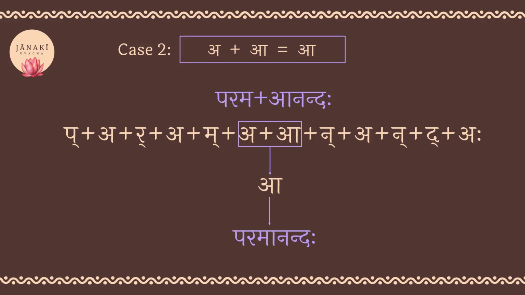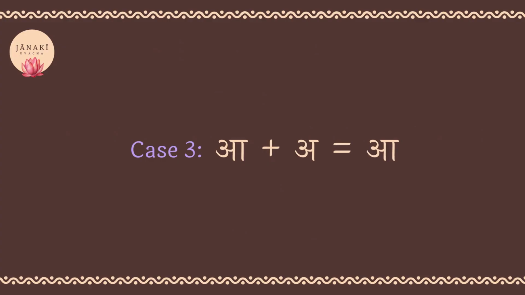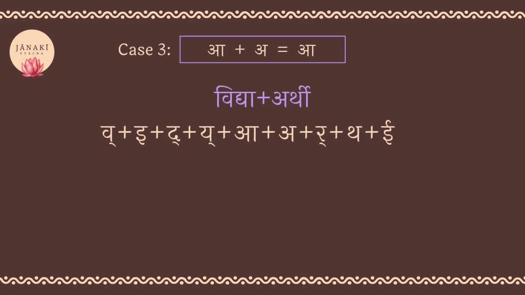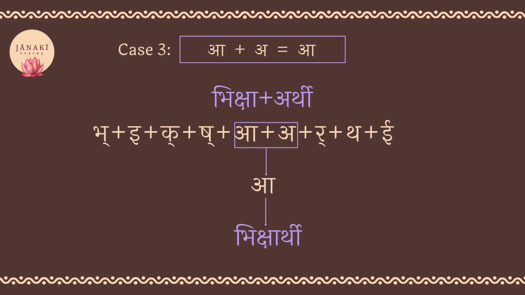In case 3, our first word ends with a and our second word starts with a. There also, the result of joining is a. Like, Vidya plus Arthi is Vidyarthi. Or, Bhiksha plus Arthi is Bhiksharthi.